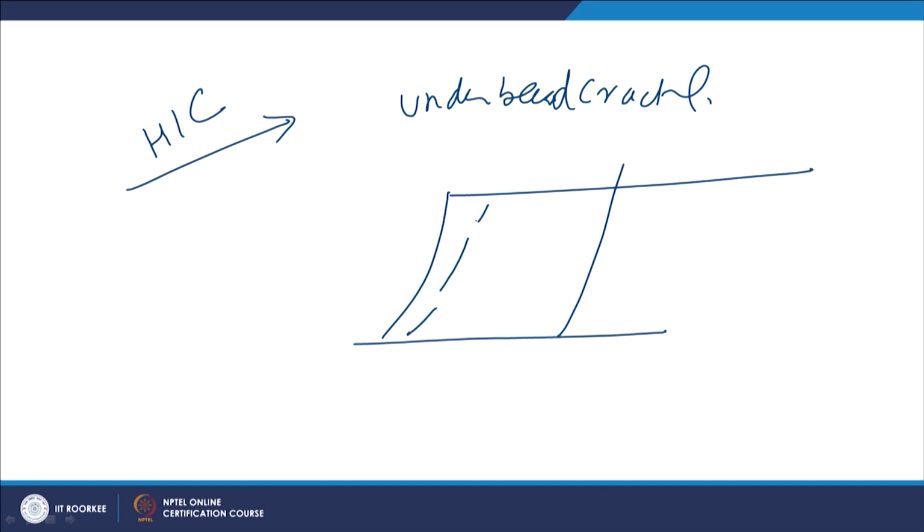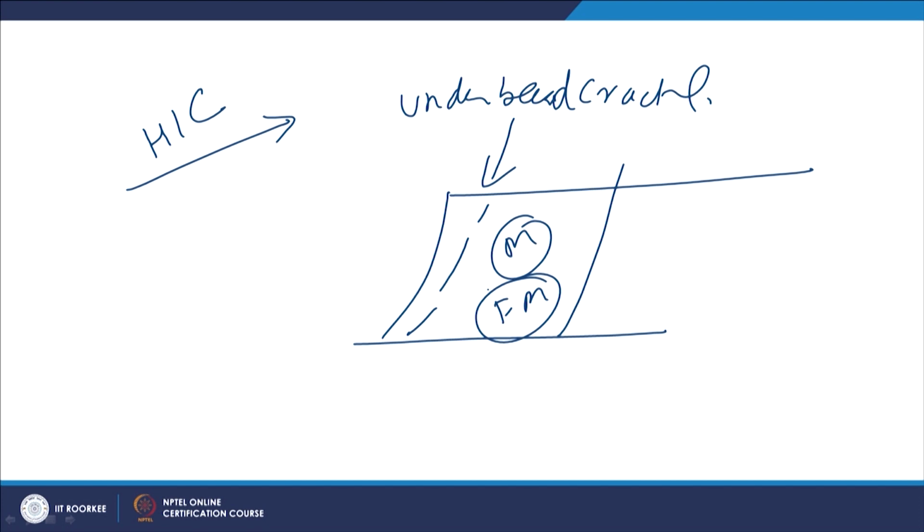So, the cracking which is occurring next to the fusion boundary in the heat affected zone is mostly considered as under bead cracking being triggered by the hydrogen induced cracking, and this is promoted by the martensitic transformation.